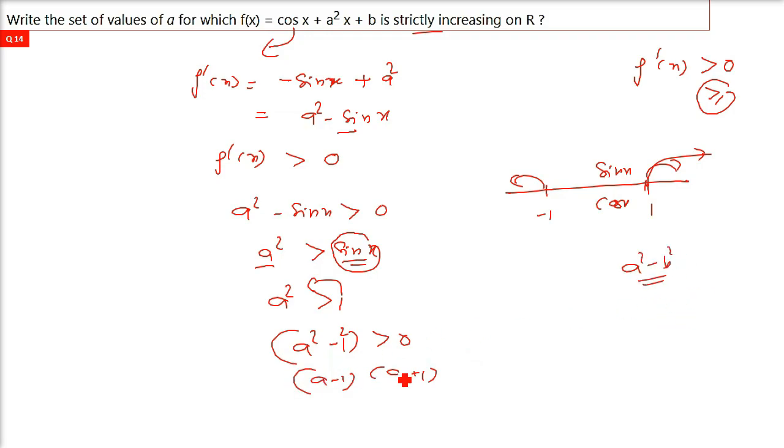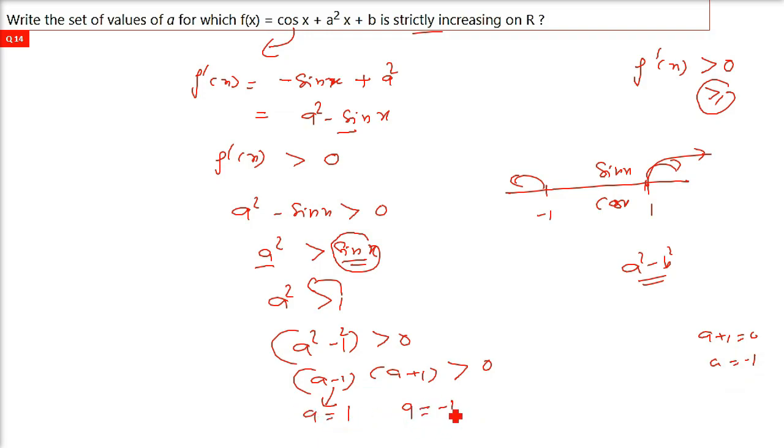Now we have a minus 1 and a plus 1, two different factors, and when multiplied, the product is greater than 0. The first point, which we discussed when I started this chapter, is how you are going to get the solution. We apply it here, because a minus 1 is 0 when a is 1, and a plus 1 is 0 when a equals minus 1.